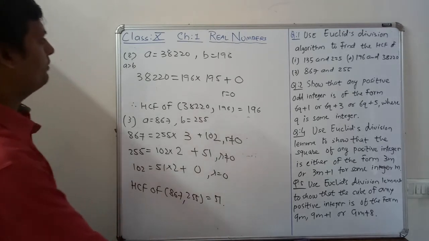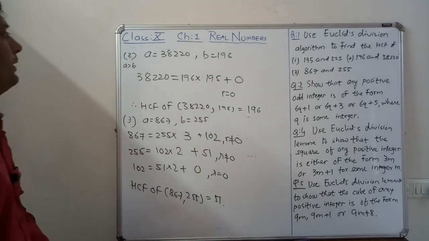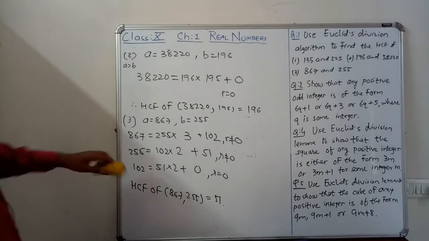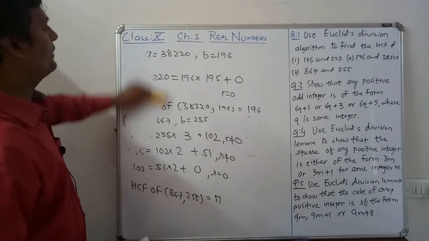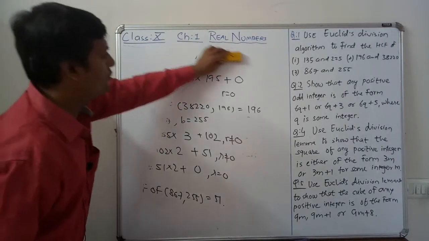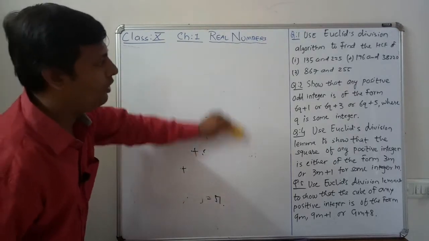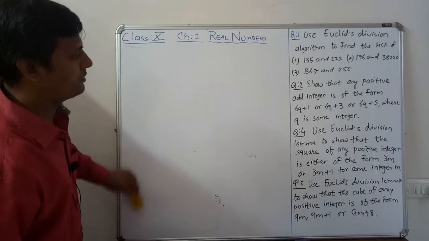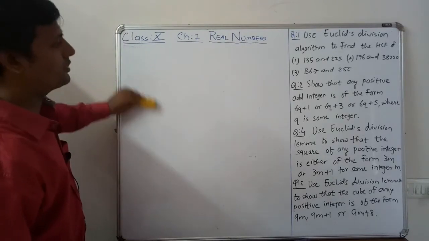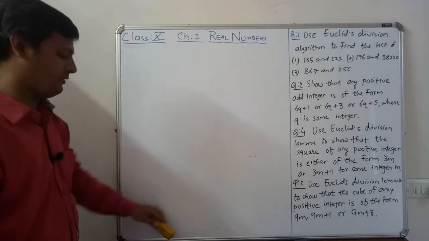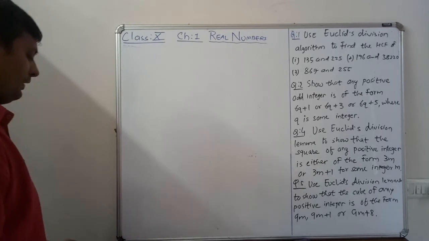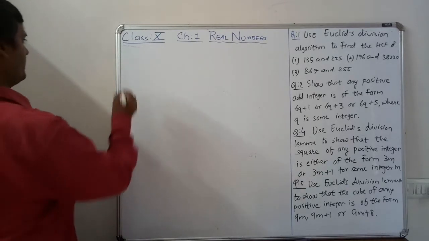Right? What is given in question number 2, children? First of all, just check it. Any positive odd integer is of the form 6q plus 1, 6q plus 3 and 6q plus 5, right? So simple. Let us consider the positive odd integer.